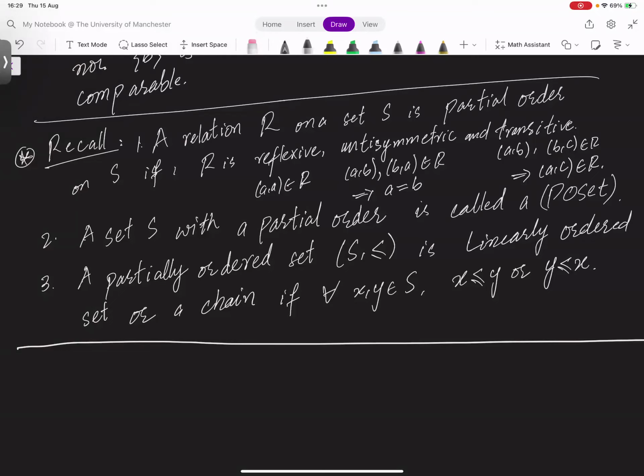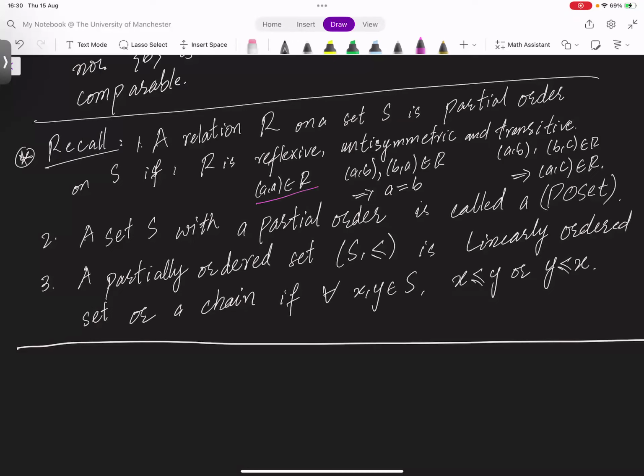So in part 1 we have said that the relation R on a set S is a partial order on this set S if R is reflexive, antisymmetric, and transitive.